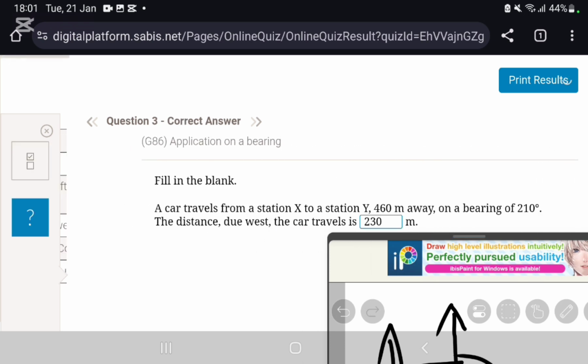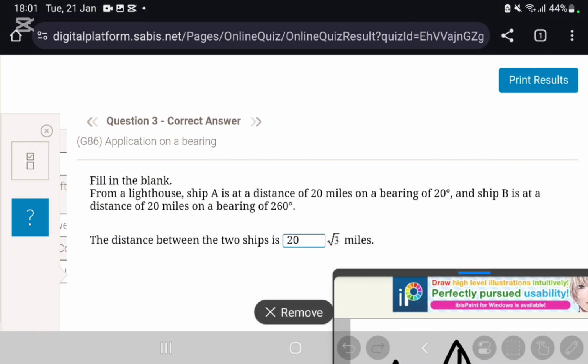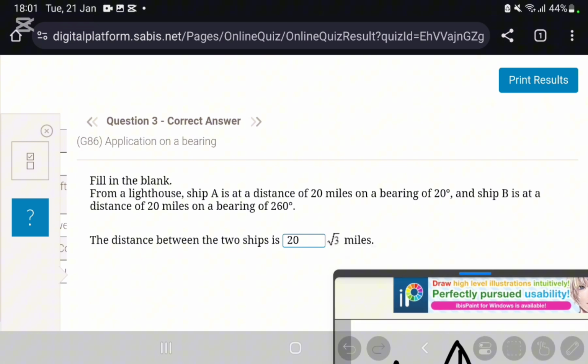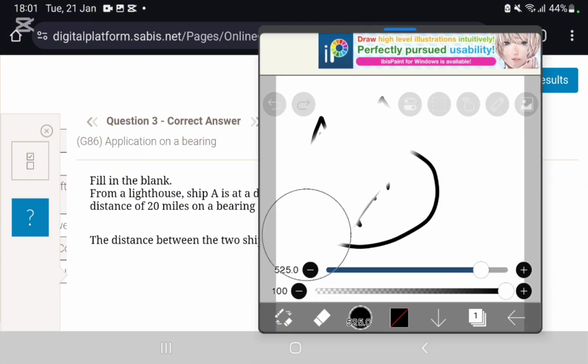Number 3. From a lighthouse, ship A is at a distance of 20 miles on a bearing of 20 degrees, and ship B is at a distance of 20 miles on a bearing of 260. So let me just erase this.